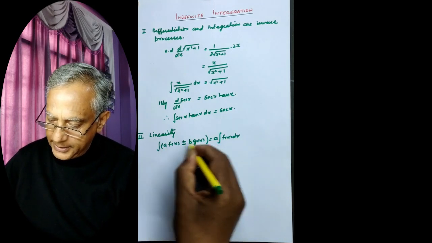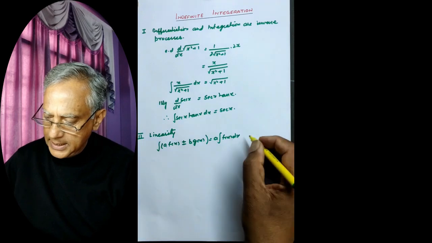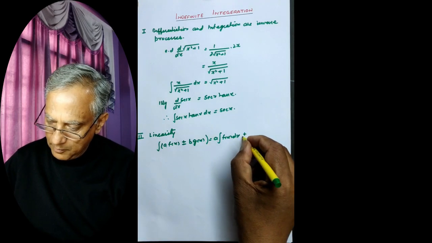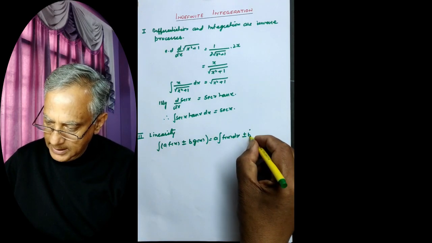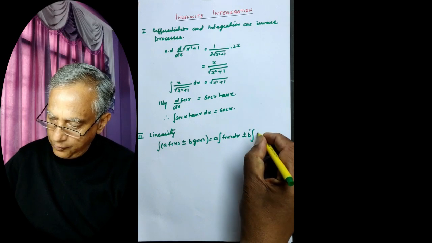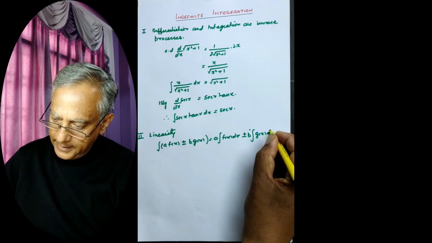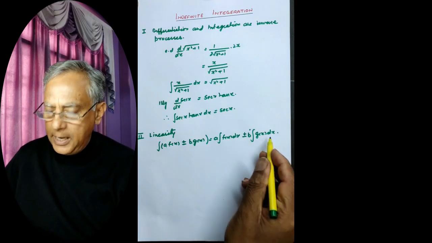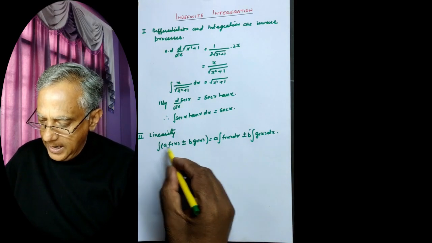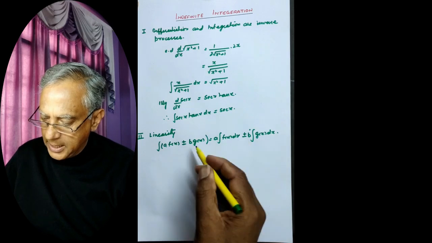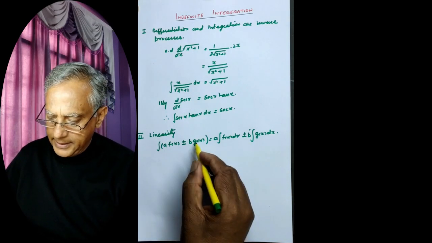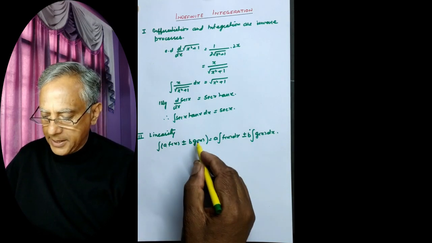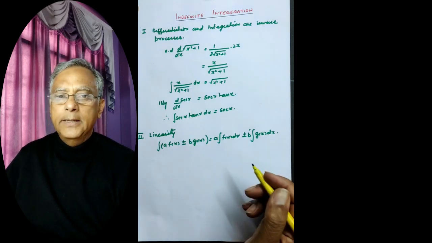We can separate these two terms and take the constants outside, plus minus b into integral of g(x) dx. So integration is a linear process. That is, a and b, the constants, can be taken out and we can separate addition and subtraction of two terms into individual terms.